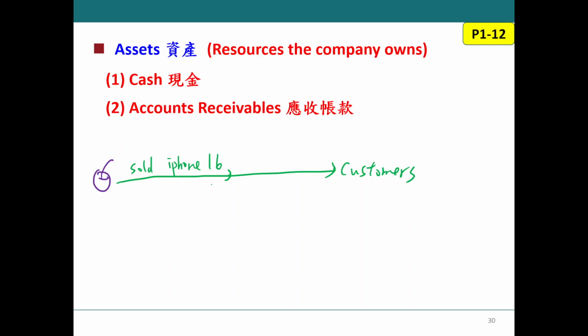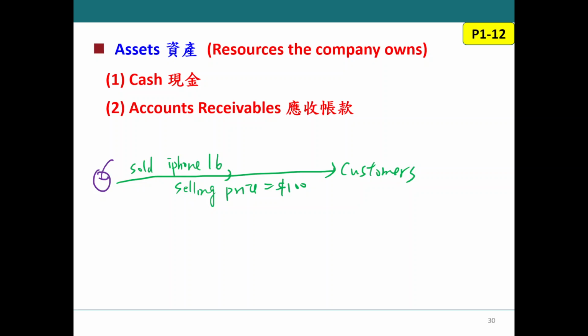How much? If I told you selling price is 100. Okay? So Apple, you gave iPhone 16 to customers. What did you get? Money. Okay?